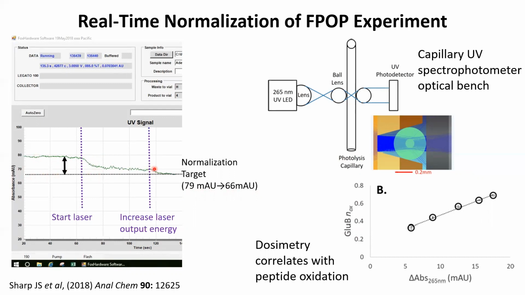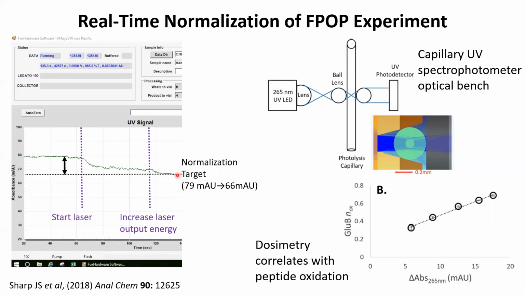So what I can then do is increase my laser output energy and watch in real time as our adenine radical dosimetry falls, until I reach our normalization target, in which case I know that I've reached the proper laser energy. I can stop there and start collecting my sample, and I'm now under compensated conditions.